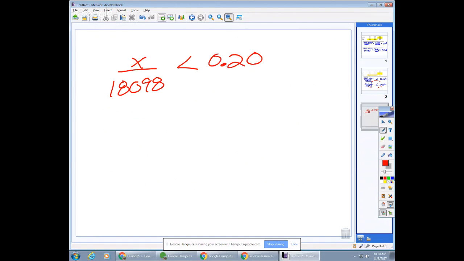So here I'm going to balance both sides of the equation by multiplying both sides by 18,098, because I'm undoing that division there. So I have to do that on the other side too, 18,098. So on the left side, number divided by itself is 1, so I have just an x. I multiplied by a positive number, so the inequality doesn't change. I just need to know what 20% of 18,098 is.